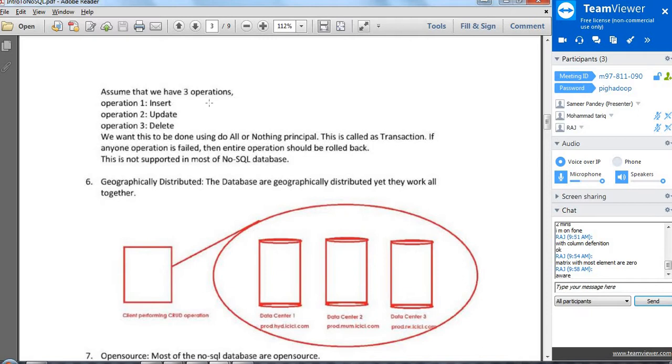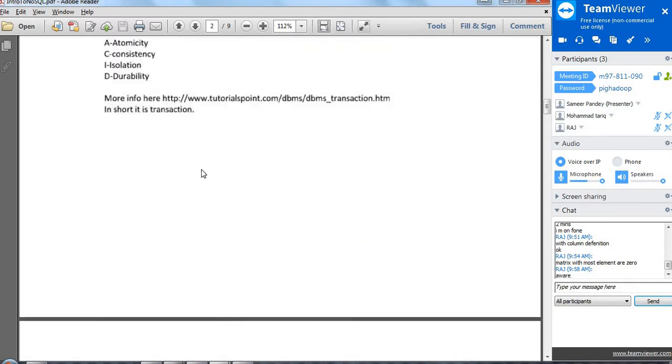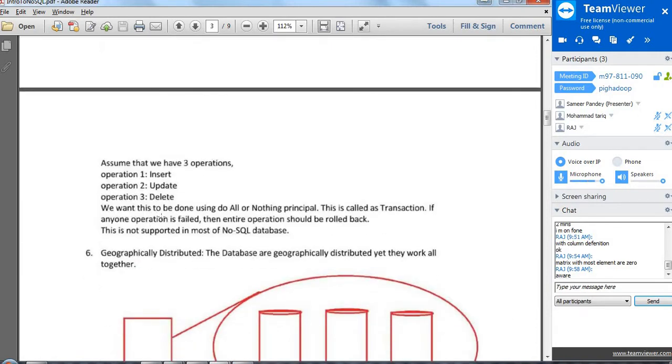Assume that we need to perform three operations, like insert, update, delete. If we perform such operations together, this is called a transaction. That's what I said right now. Atomicity means that if you perform a transaction, it should either be successful or fail.